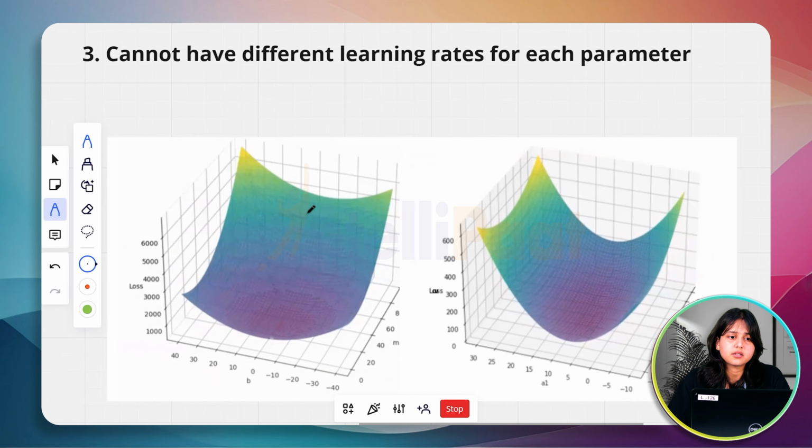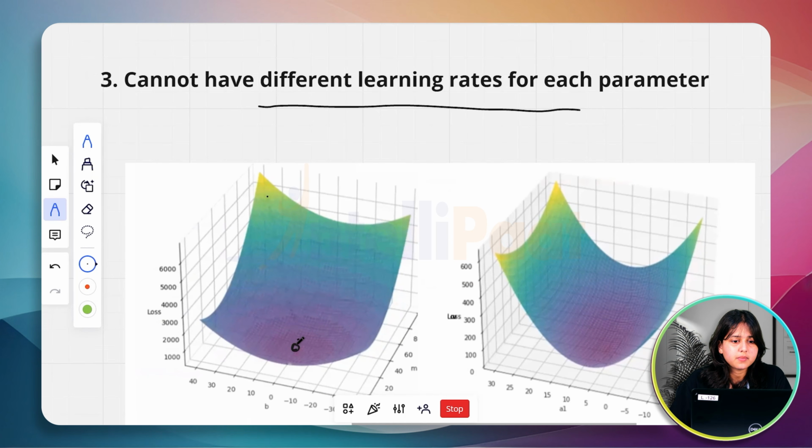Another challenge in gradient descent is we cannot have different learning rates for each parameter. Now if you look at this graph, we have our global minima somewhere over here, right? But for this graph, we need to move in this direction, and then we need to stop moving in this direction and start moving in this direction somewhere.